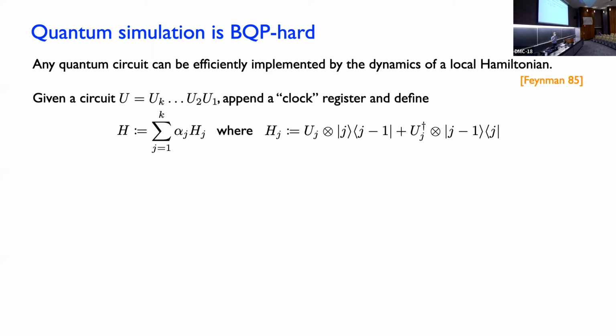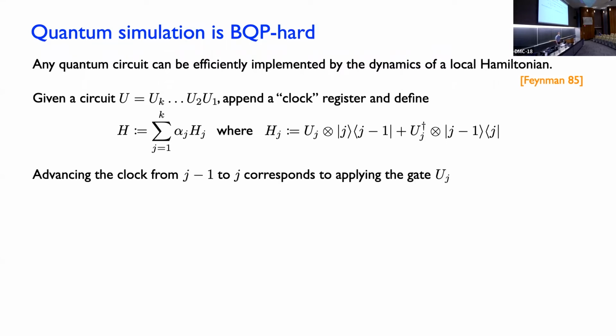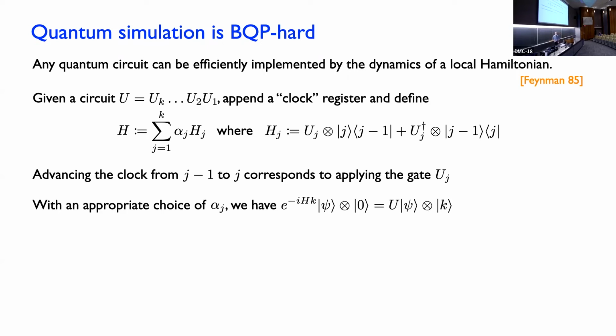Also, by the way, we're going to add up these terms with some coefficients that we're going to choose carefully, that I'll describe in a moment. Now we have this Hamiltonian in which advancing the clock from one state to the next corresponds to applying a gate of the circuit. And you can show that with an appropriate choice of these coefficients, you can make the time evolution of the state implement the computation.